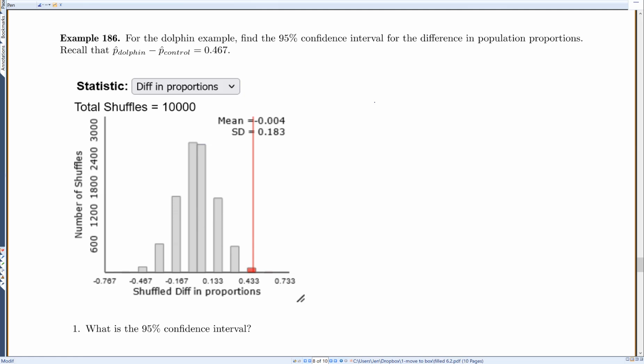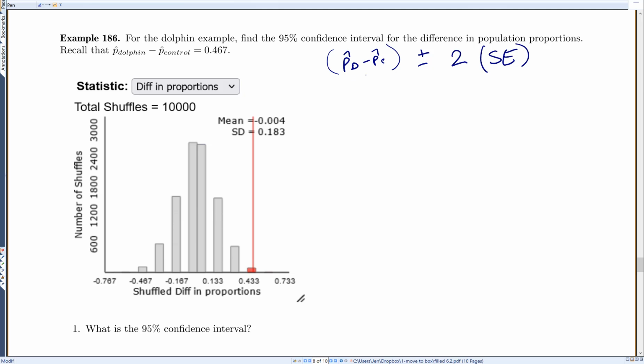So for the dolphin example, let's find the 95% confidence interval for the difference in population proportions. And recall that p hat for the dolphins minus p hat for the control equals 0.467. So we said it's supposed to be our statistic, p hat for dolphins minus p hat for control. That's my statistic, plus or minus 2 times the standard error of my statistic.